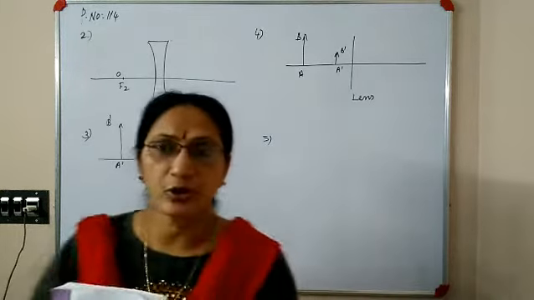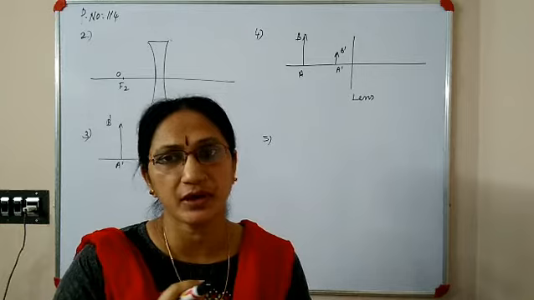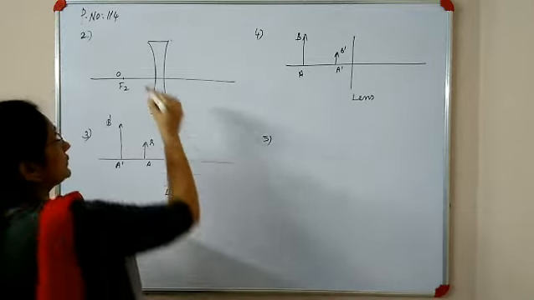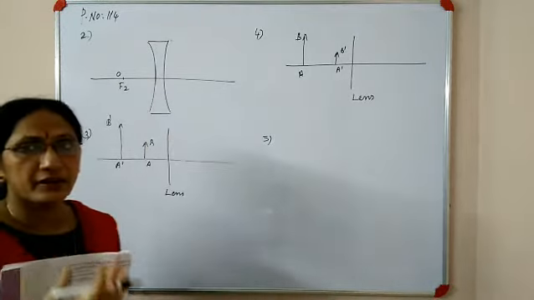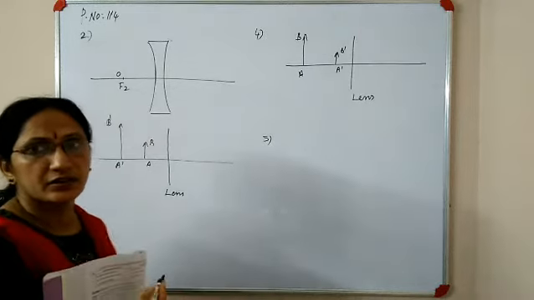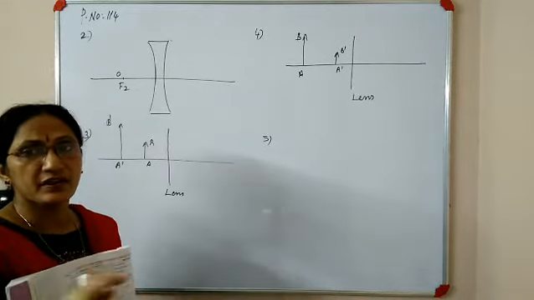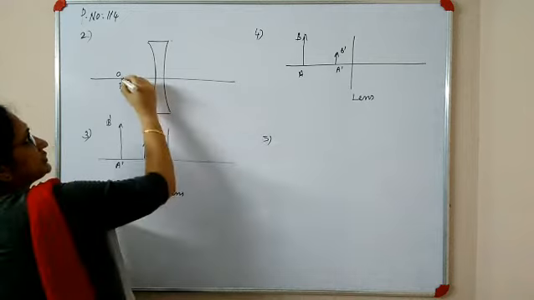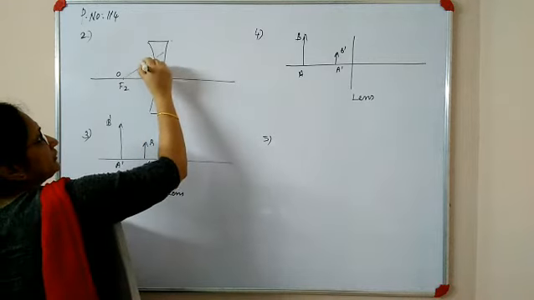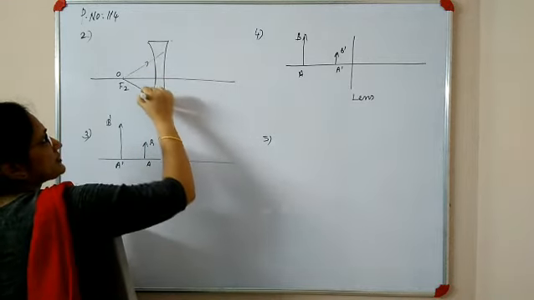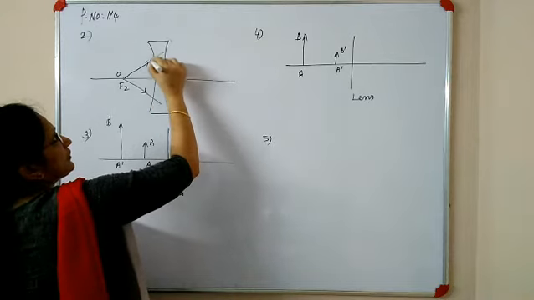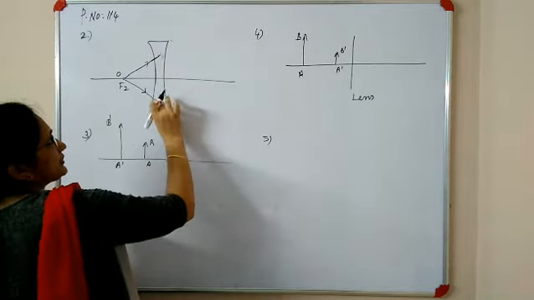Okay. So from the object you have to draw two light rays. Here we can't apply any of the rules studied. Okay, the three principal rays can't be drawn. So simply I am drawing two light rays coming from the object.